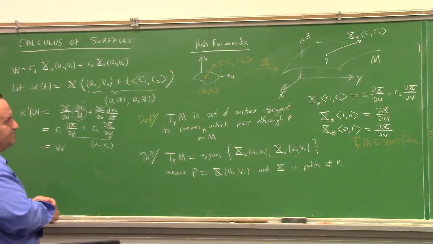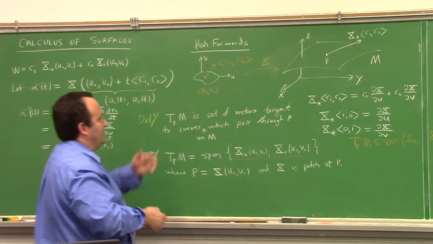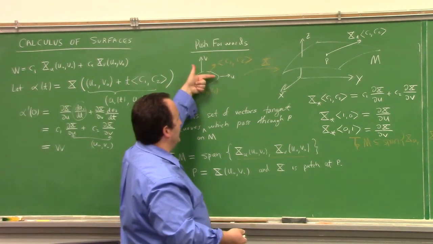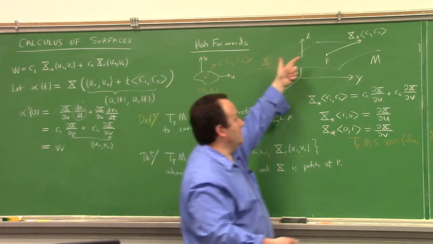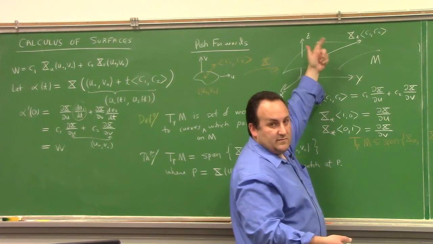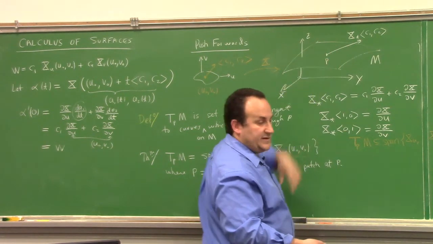But essentially what happens is you take the unit vector in the u direction here, and it pushes over to a unit vector in the partial u direction, just like that.